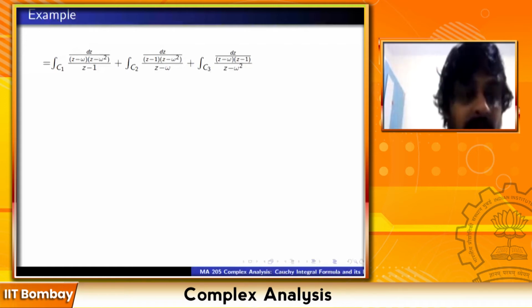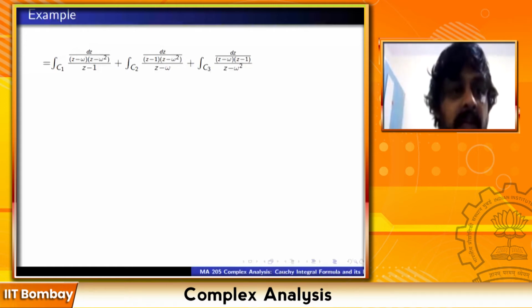So for example, when I am integrating along C1, look at the function 1 upon (z minus w)(z minus w square). That function is holomorphic in the small neighborhood of 1.